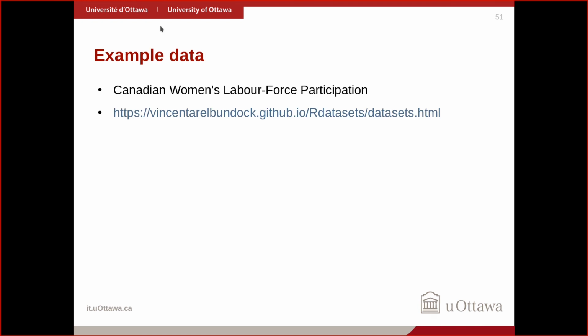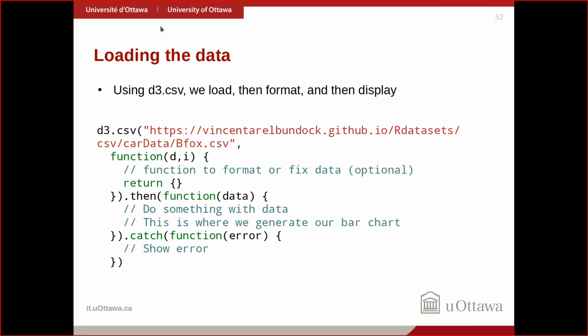We're going to use an example dataset, Canadian women's labor force participation, and it shows the wages that women get versus the wages that men get. And then you can see the discrepancy over the years. The link is the reference to that dataset, but we will be loading the CSV file directly.